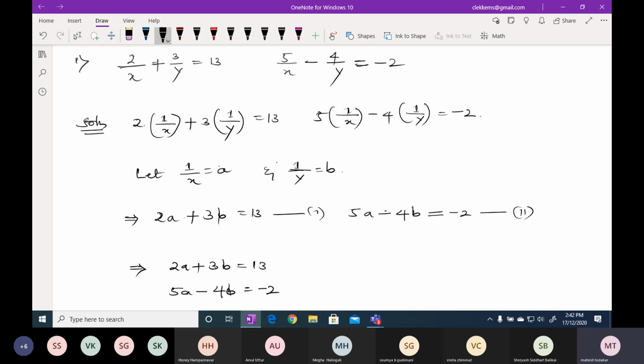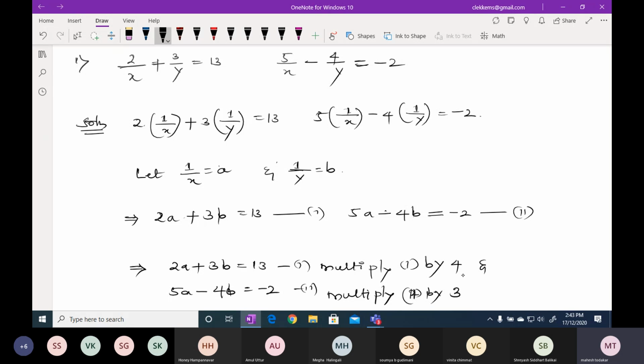Here we have 3 and here 4. Now multiply equation 1 and equation 2 so that both become 12. Multiply equation 1 by 4 and equation 2 by 3.